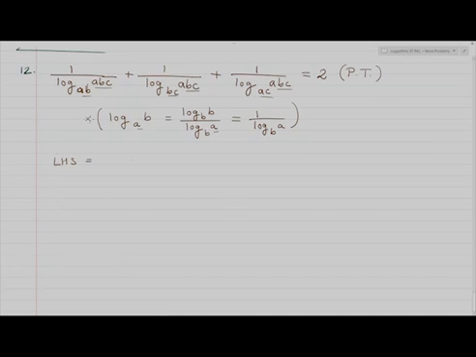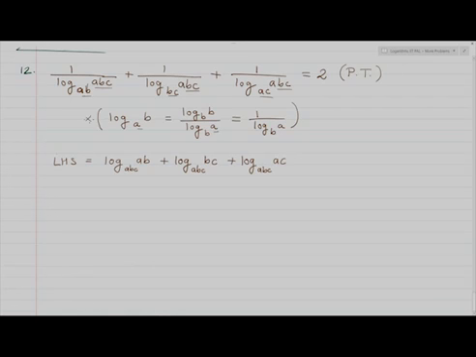What will be the switch? 1 upon log of ABC to the base AB will become log of AB to the base ABC. Okay. Similarly, I can use the similar argument for this. It will be log of BC to the base ABC plus log of AC to the base ABC.